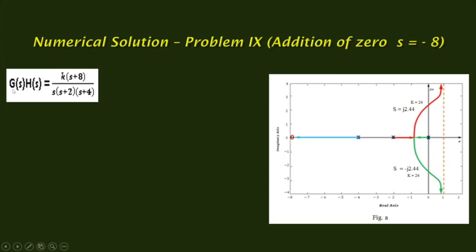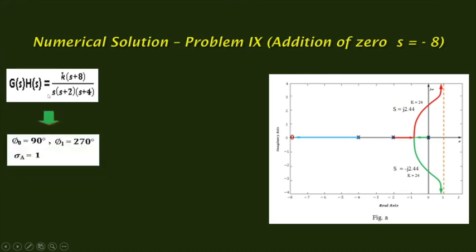So the example considered is G(s)H(s) equal to K into (s plus 8) divided by s into (s plus 2) into (s plus 4). Here the number of poles is 3, zero is 1, then P minus Z equal to 2. So 2 angles of asymptote and 2 asymptotes exist in this system.